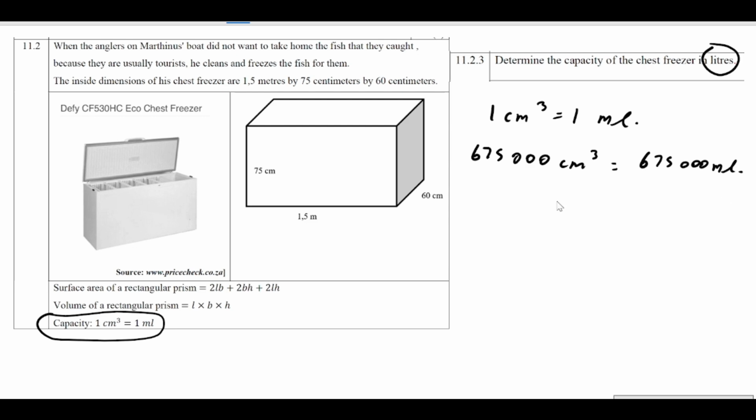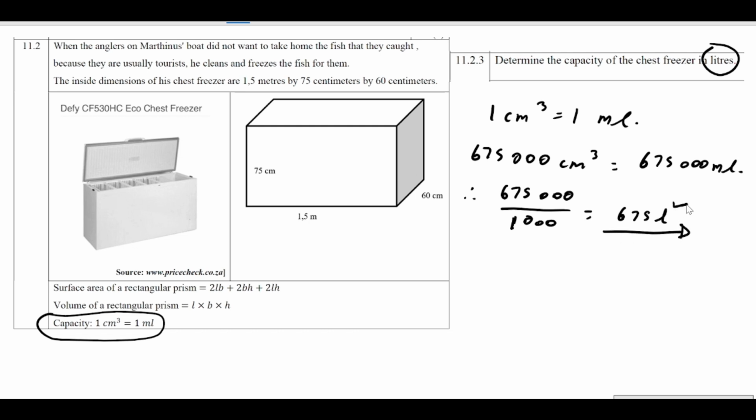How are we going to do that? We convert 675,000 milliliters to liters by simply dividing by 1,000 to give us 675 liters.